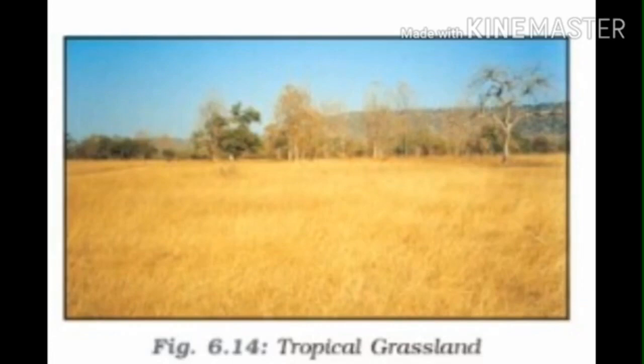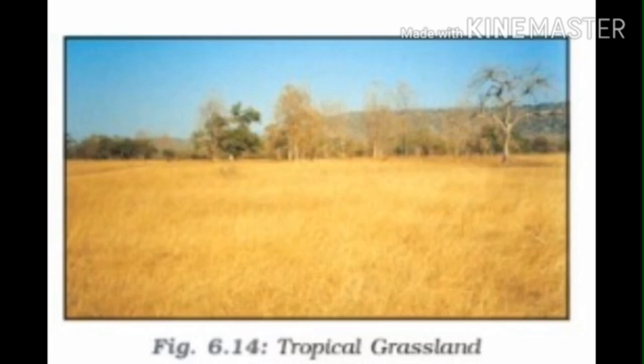In which grasslands, children? Temperate grasslands. Clear? Then what type of vegetation is found? These areas lack tall trees, but they have healthy, green, nutritious grass. In fact, they can be termed the sea of grass. Clear children?